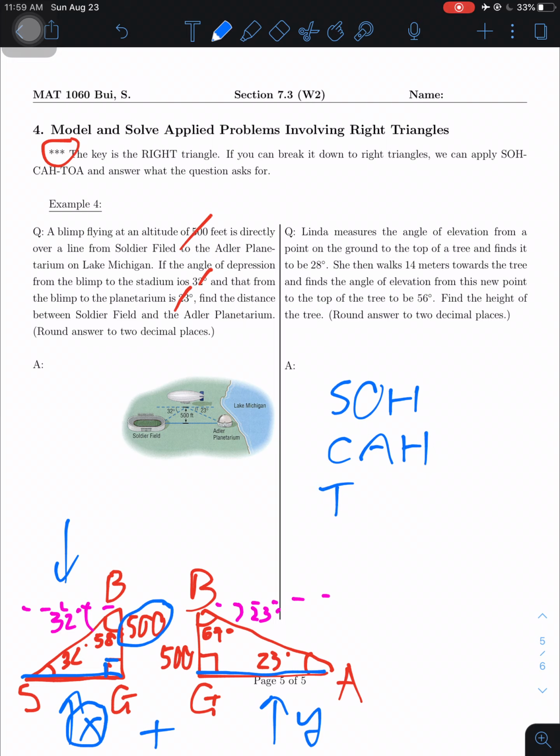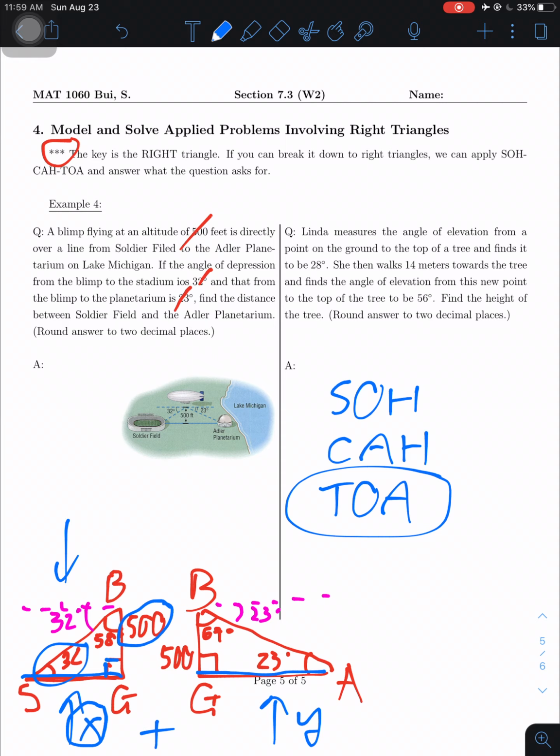SOHCAHTOA. The only function among the 3 in here that has opposite and adjacent, or should I say, the only function among the 3 that doesn't have hypotenuse, is tangent. I hope you guys see where I'm going. So let's set up tangent for, I don't know, 32 degrees.